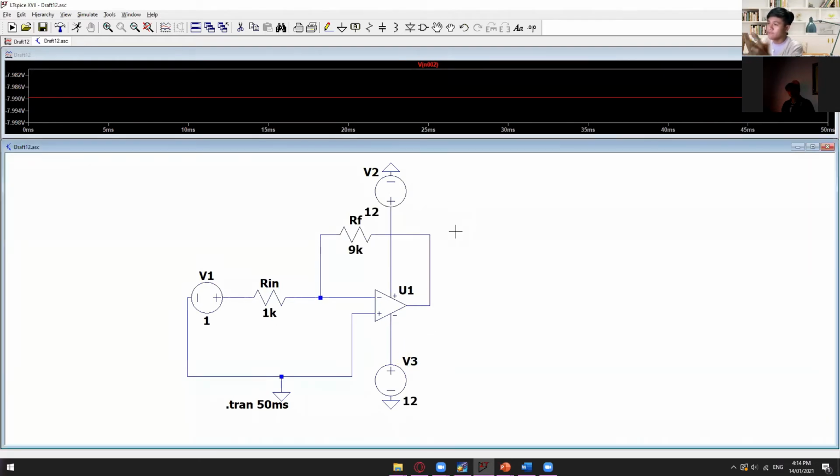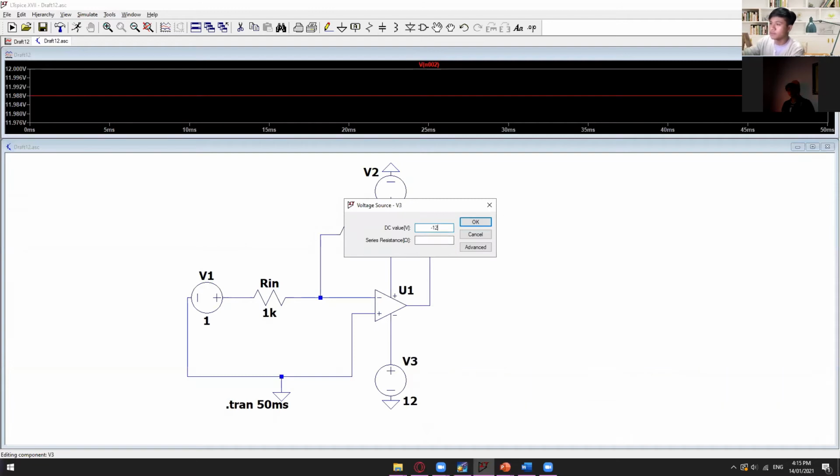Any value is fine, as long as it is higher than the computed result for our voltage input. Why is it different? 12, 12, which is positive. Sorry, it should be negative 12.